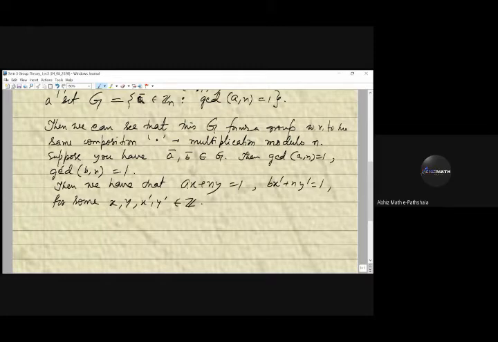Using the property of being relatively prime integers, right?